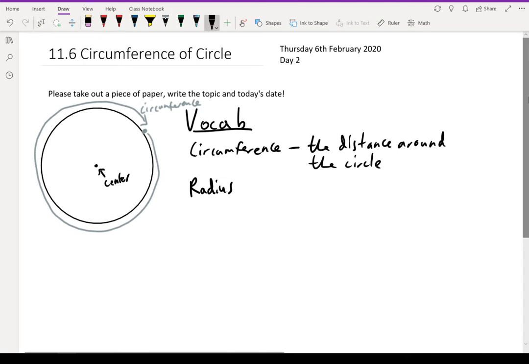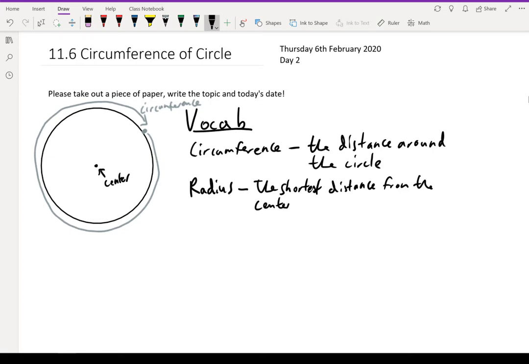And so the radius would be the shortest distance from the center of the circle to anywhere of the side of the circle.